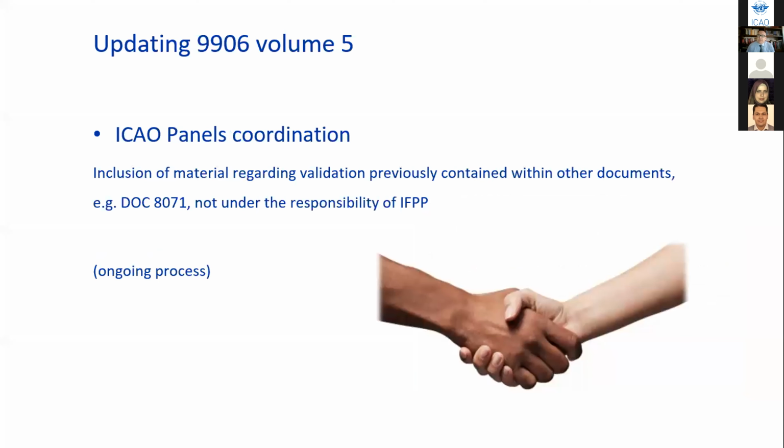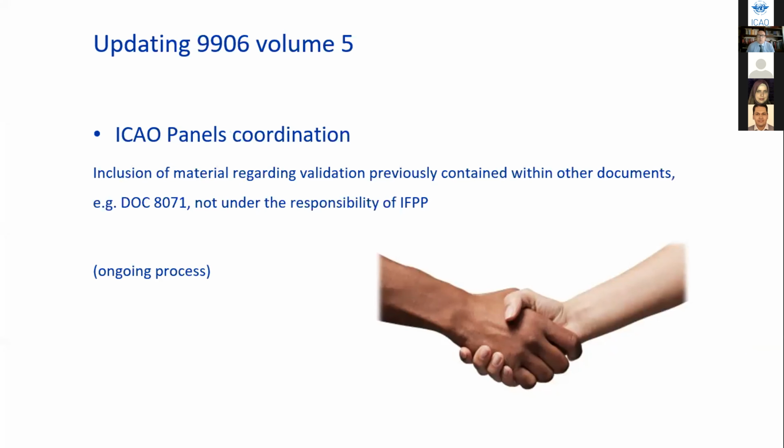Inter-panel coordination, as I say, is one of the most important things that in the past was not working perfectly. Now the system is well lubricated, a gear that is being very well lubricated, especially for the connections that we have between flight inspection and flight validation.